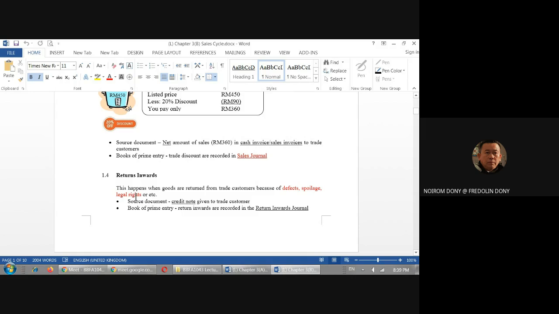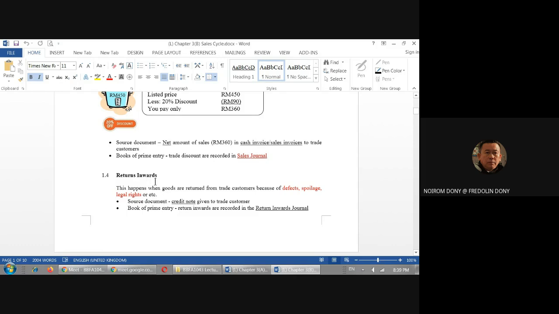Now, what will be the source document? The source document will be the credit note also. So sometimes you get confused whether this is return inward or return outward. Again, you have to look at the direction. If receiving a credit note, indicating return outward. If sending a credit note, indicating return inward.